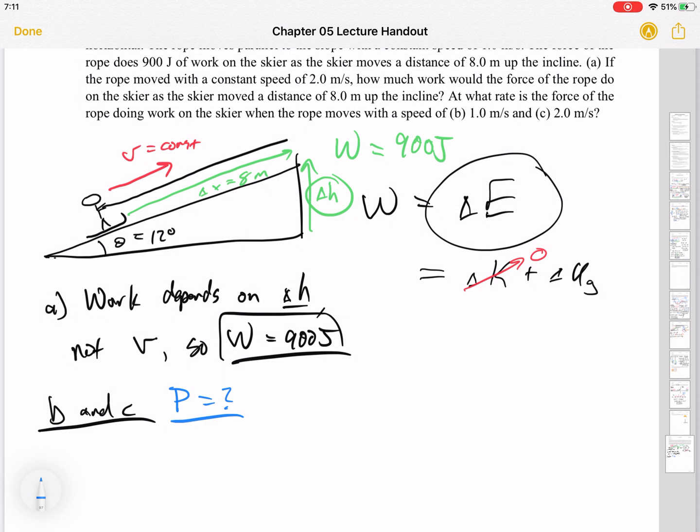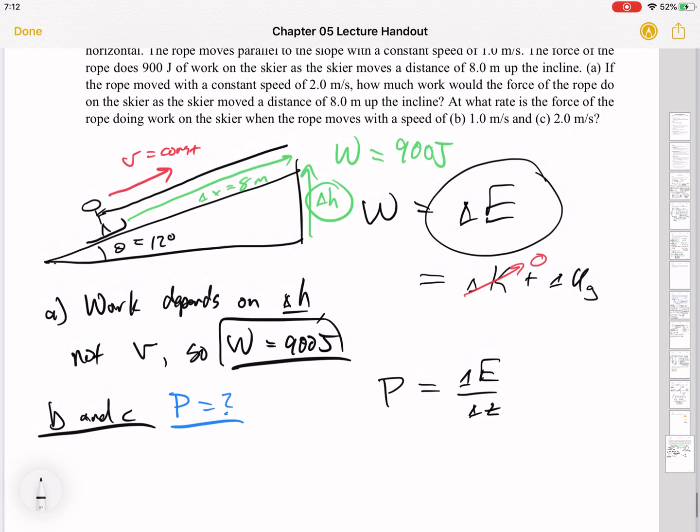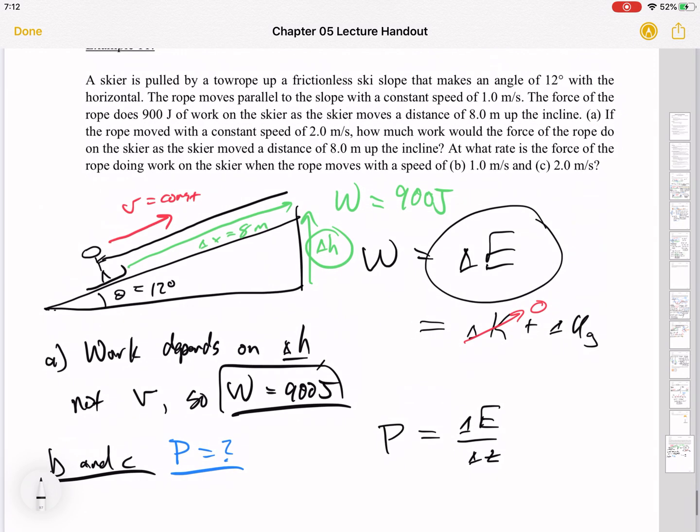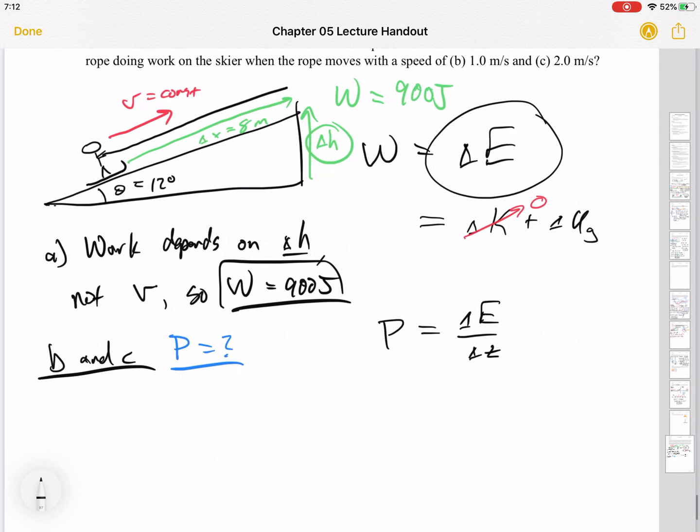So we could plug into that. But how do we define power? As an aside, power is delta E over delta T. But I don't know a delta T for these. I could figure out a delta T given the distance we're traveling and maybe the work done, but I'd have to think about that critically.